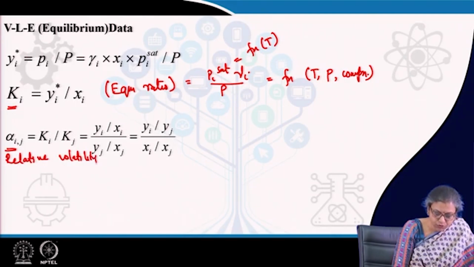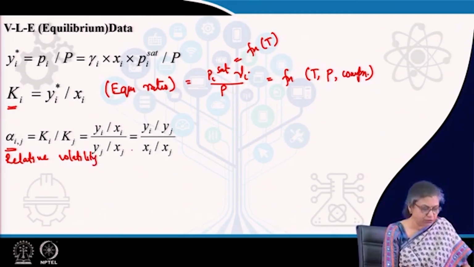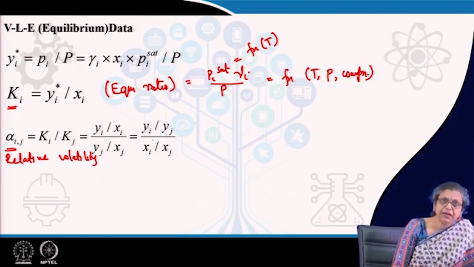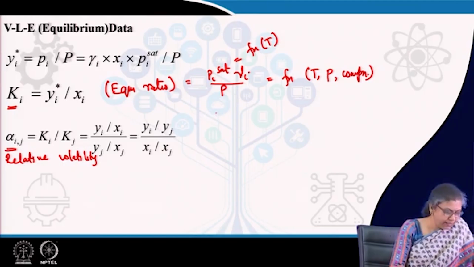It simply shows the ease of separation of the two components, and you will find that very frequently the equilibrium data are expressed in terms of alpha_ij, right.